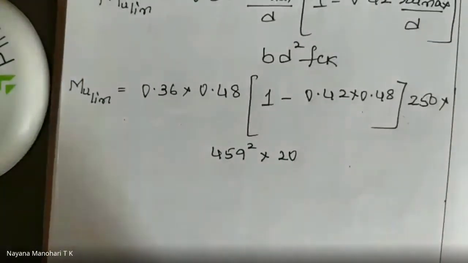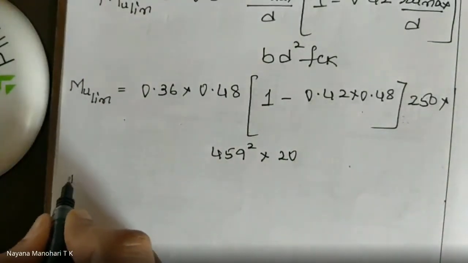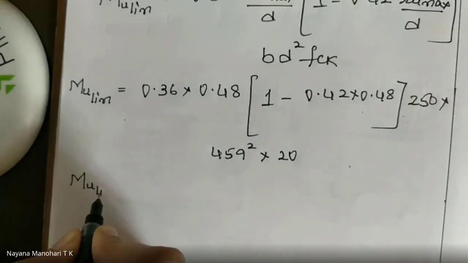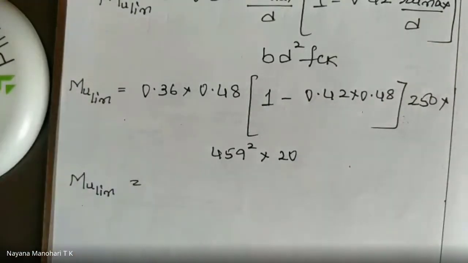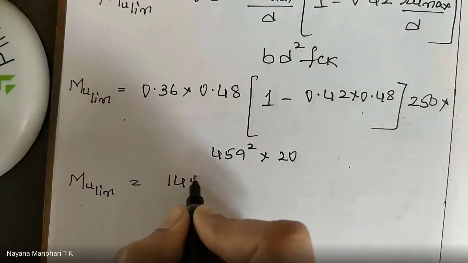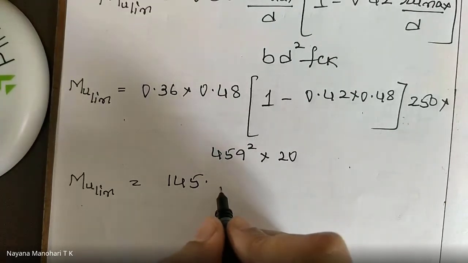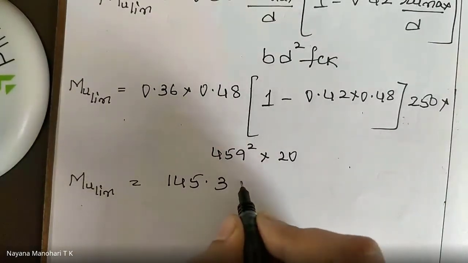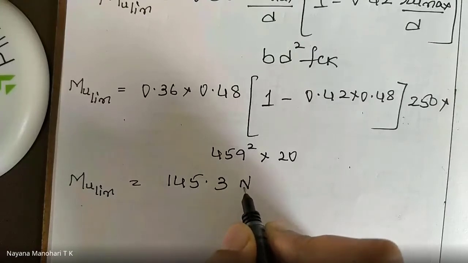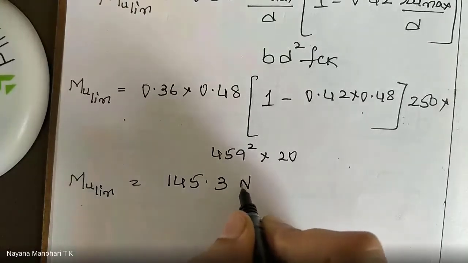Calculate now MU limit. How much? 145.3 kilonewton meter, right?